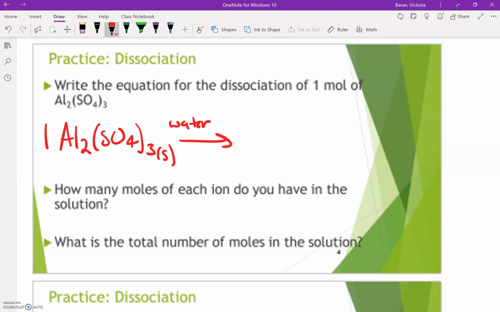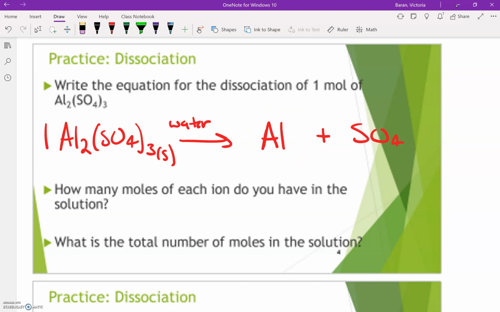When it dissociates, it's going to break up into its individual components. Now the SO4 is a polyatomic ion, something you would find on the back of your periodic table. So you treat it as if it were an individual element. That's why over here it's written in parentheses. You're treating it as if it were an individual element like the aluminum here.